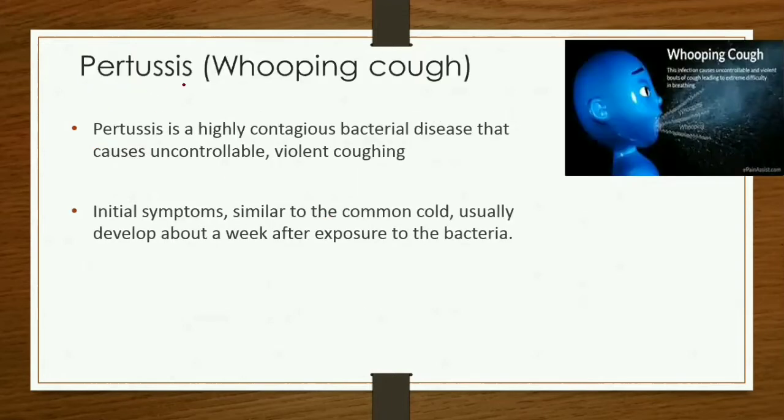Then pertussis. Pertussis is whooping cough. Pertussis is a highly contagious bacterial disease that causes uncontrollable and violent coughing. Patients cough and cough, not controlled properly. The initial symptoms are similar to a common cold, usually developing about a week after exposure to the bacteria.